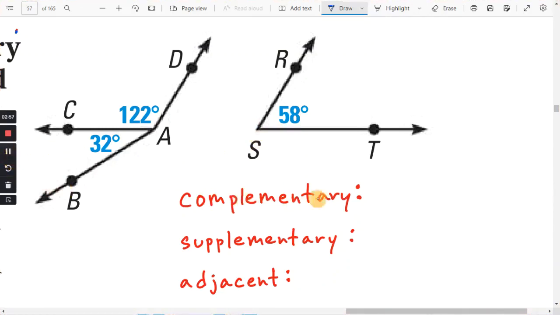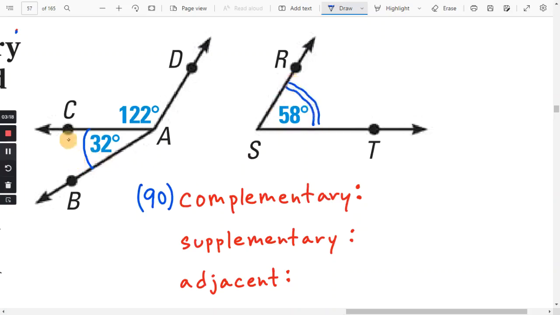All right, complementary, they have to add to 90. I'll put the 90 in parentheses. Which two add to 90? This one here is 32, and this one here is 58. 32 plus 58 is 90.